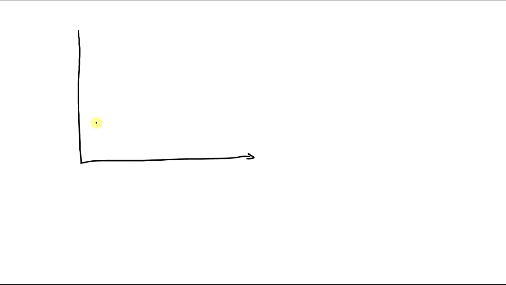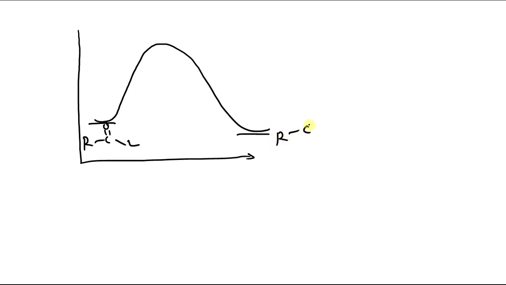Now suppose here is our reactant R C double bond O L, and suppose it is a one step reaction. Just assume it to be one step. Here is the reactant plus nucleophile, and here is our transition state, R C O negative, L, nucleophile.